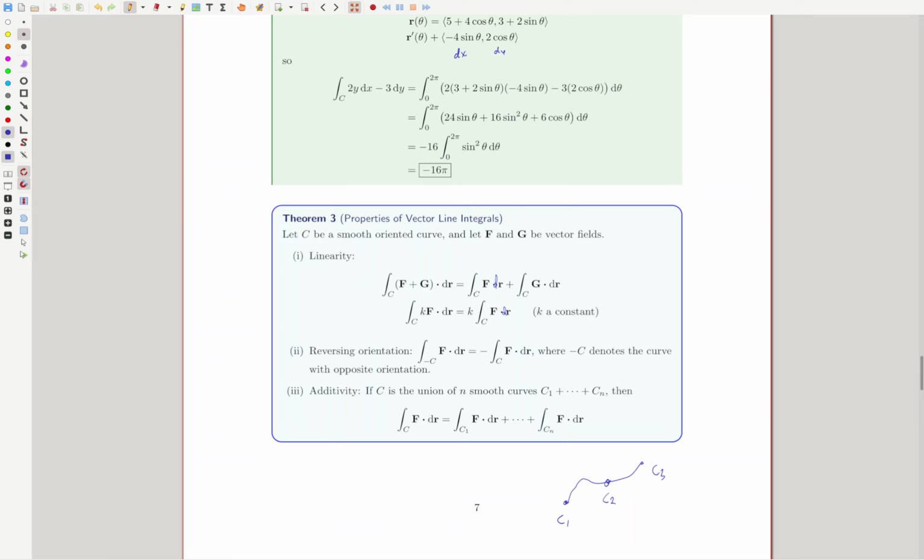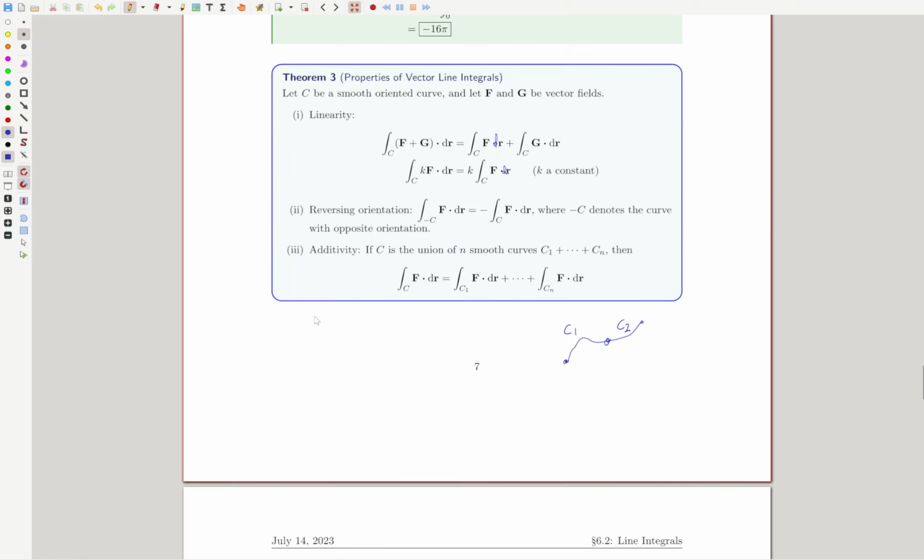Oh, actually, the way that's labeled is not so good. I should call C1 and C2 the segments. These would be like P1, P2, P3 from the notation that defined these line integrals. So yeah, the line integral over C1 plus the line integral over C2. The whole curve is the curve C. So yeah, that should be fairly intuitive.